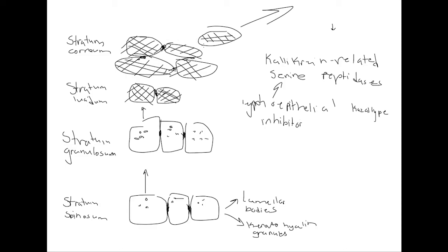And these cells will be able to slough off, or they will slough off. So that pretty much concludes this video on all of this, on the other three strata in the epidermis.